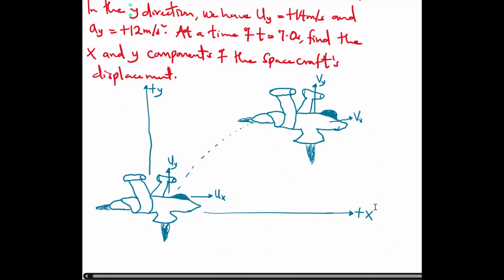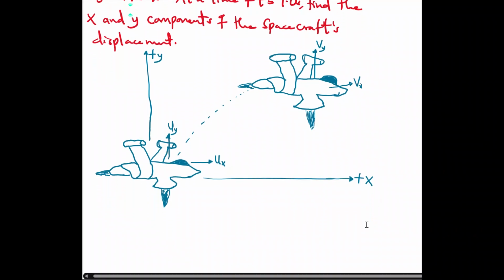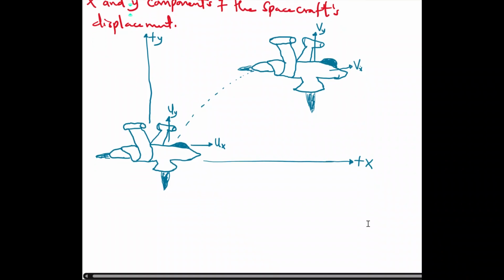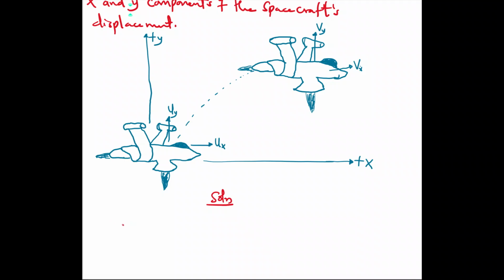The first thing I'm going to do is collect all the data for the x direction. We are finding the displacement in the x and y components. For the displacement in the x component, we are not given it, but we are given the acceleration in the x component to be plus 24 meters per second squared.